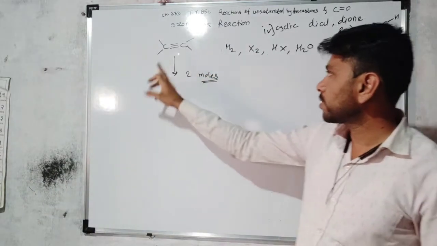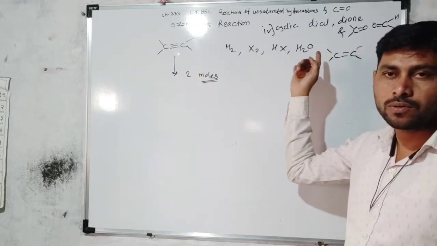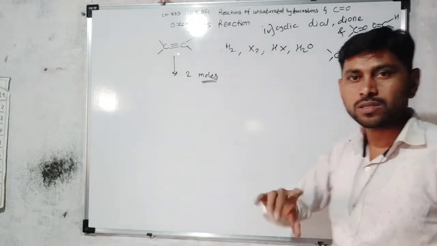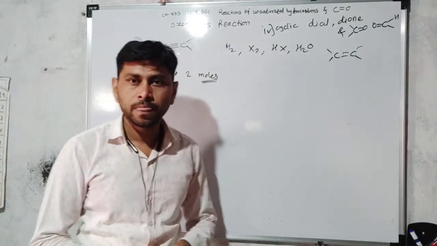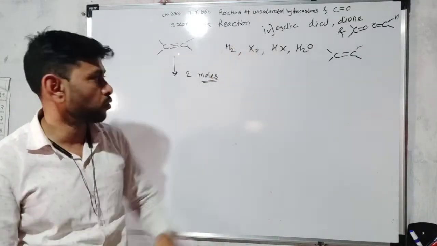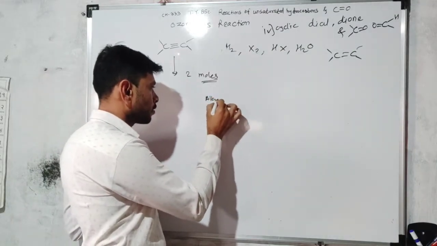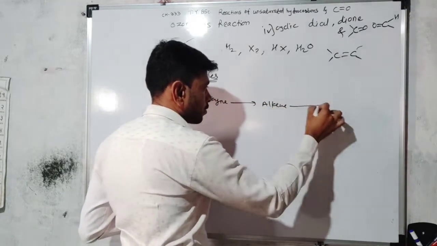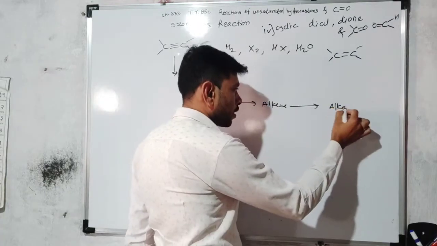So here, in the case of a carbon-carbon triple bond, 2 moles of these compounds are required in order to proceed with the reaction. Or, by using some controlled conditions and reagents, it is possible to control the reaction at the alkene stage only, because the alkyne is converted by addition into an alkene, and the alkene is converted into an alkane.